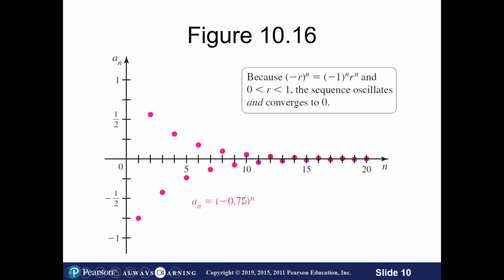Because r is 0.75, we can write that as (-1)^n times 0.75^n, and the sequence 0.75^n is going to converge to 0. The (-1)^n is going to oscillate back and forth between -1 and 1, but the product of those two, while still oscillating positive and negative, will converge to 0. So it oscillates and converges to 0.